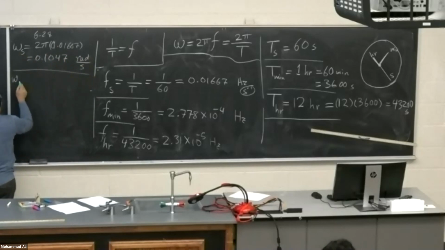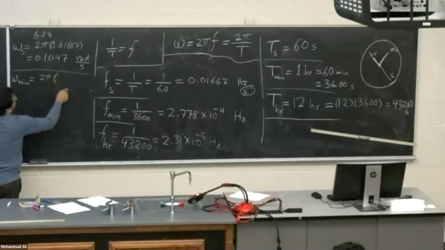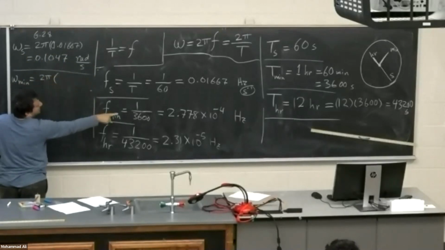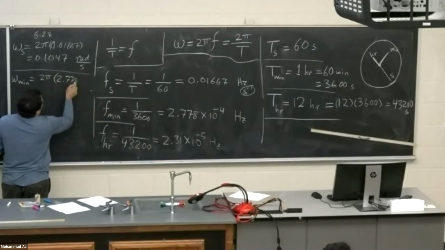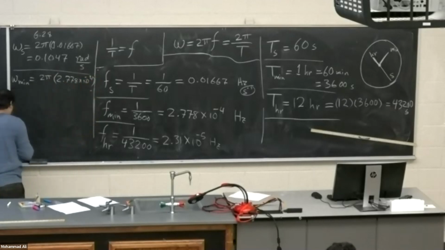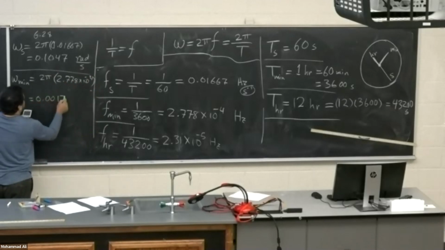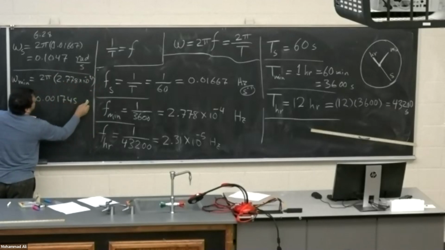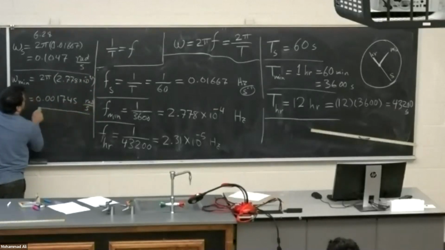What about the angular velocity for the minute arm? It is equal to 2 pi multiplied by its frequency, which is 2.778 multiplied by 10 to minus 4. It is equal to 0.001745 radian per second.